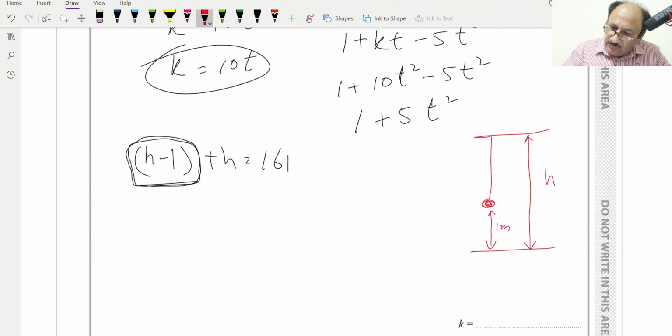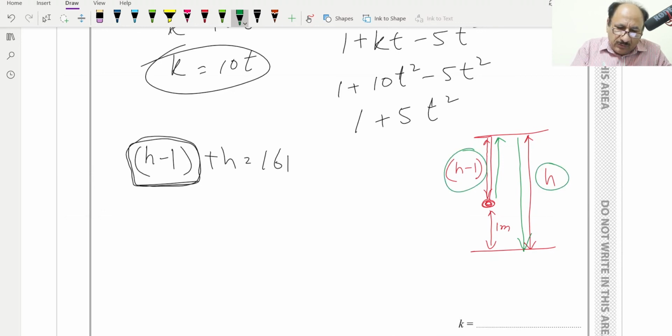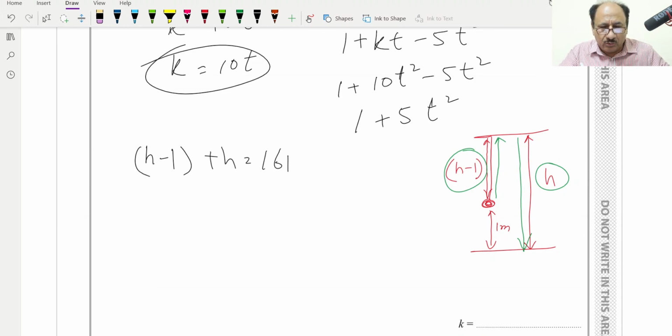This height will be h minus 1, the height from this point to this point. So the total distance covered will be this much distance and then this much distance. So this plus this is what we have written over here, and it is given that it is equal to 161, so that's why I have written equal to 161.